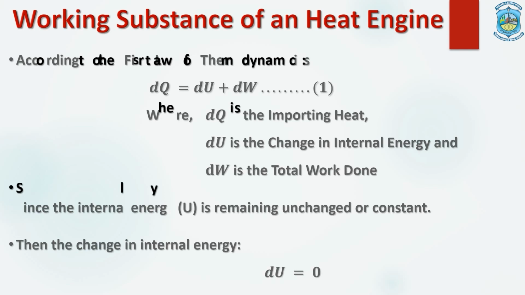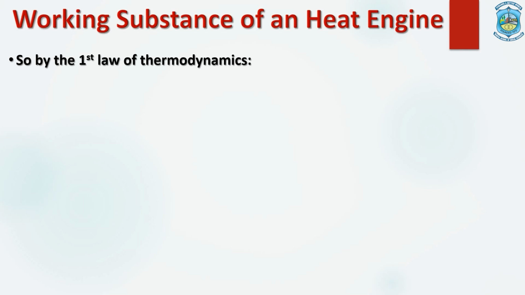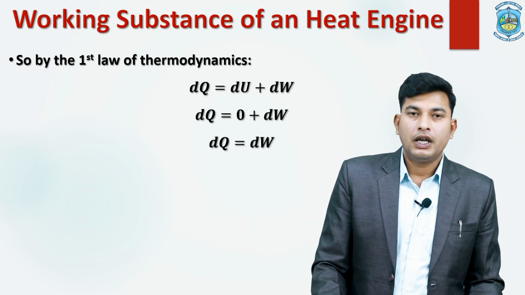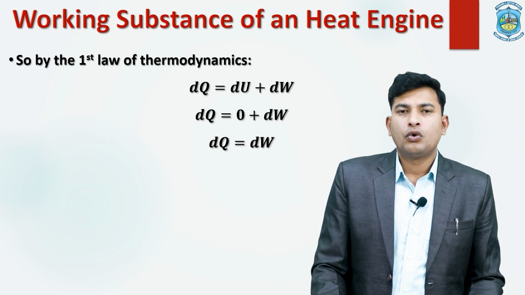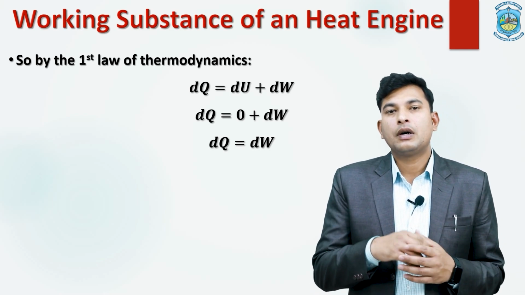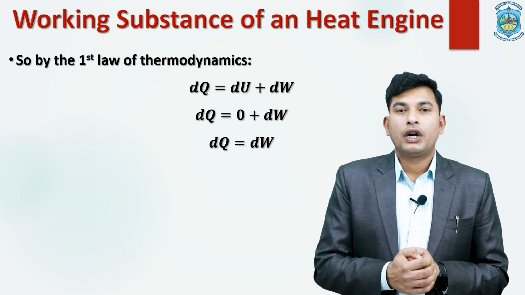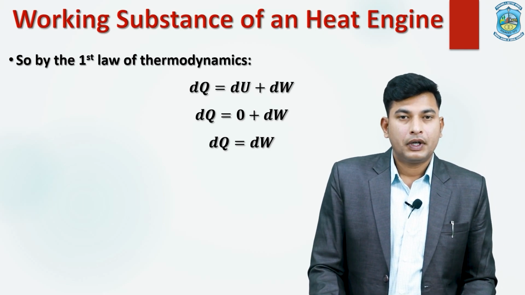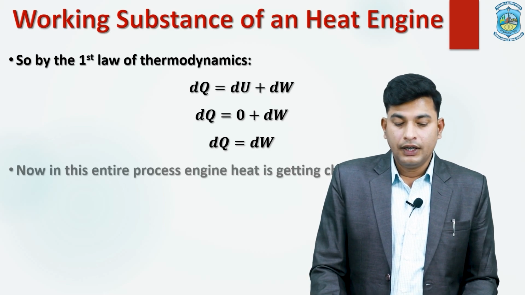We are putting this dU in our first equation, dQ equals dU plus dW, or we can say that dQ equals dW. So, whatever heat is getting changed, it is completely converted into the work done. That is what the first law of thermodynamics equation is providing for the heat engine.